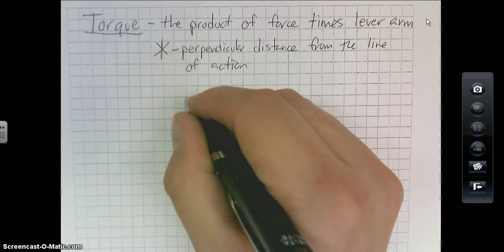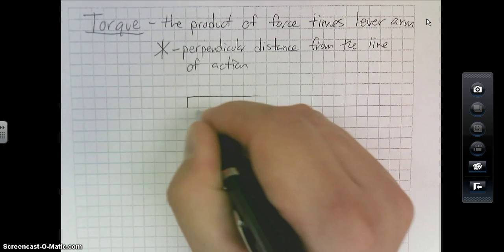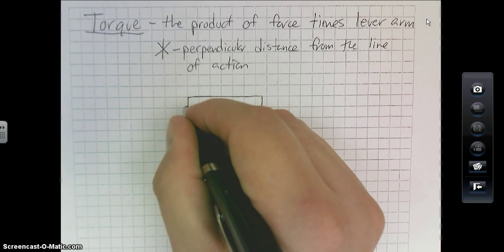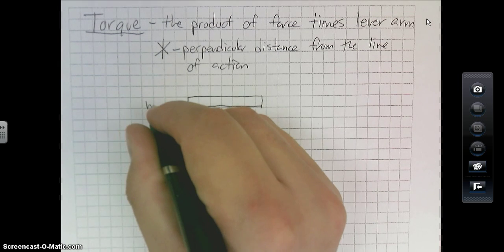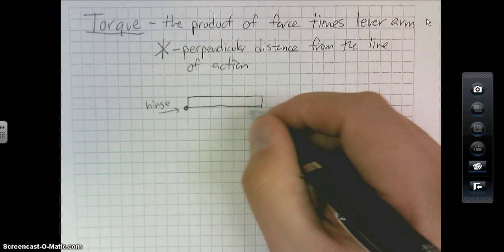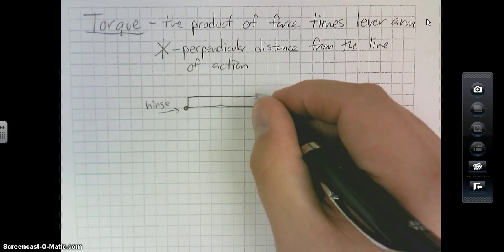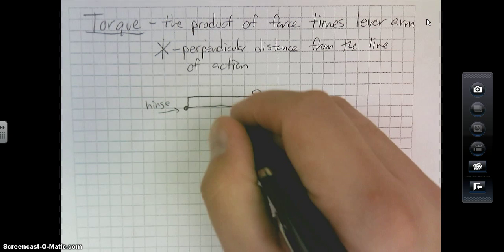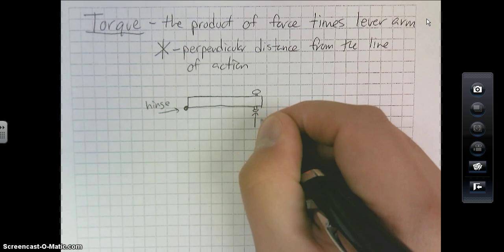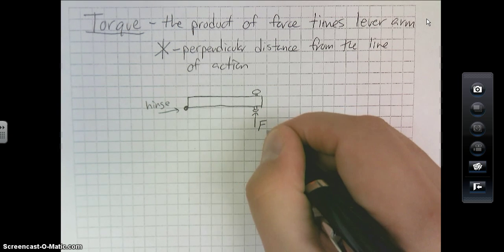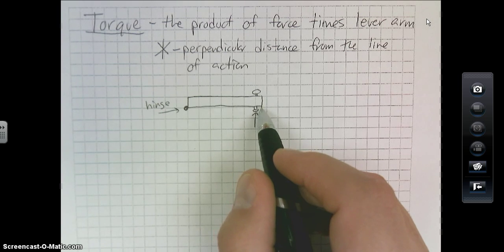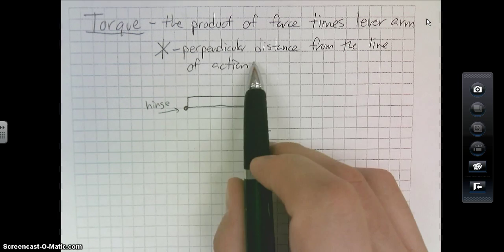If we took the top view of a door, I actually drew in the door like this, where say here's the hinge, okay, and here's the doorknob. If I twist the knob and then push, then I'm applying a force here that is perpendicular to the surface of the door, or it's perpendicular to the line of action.